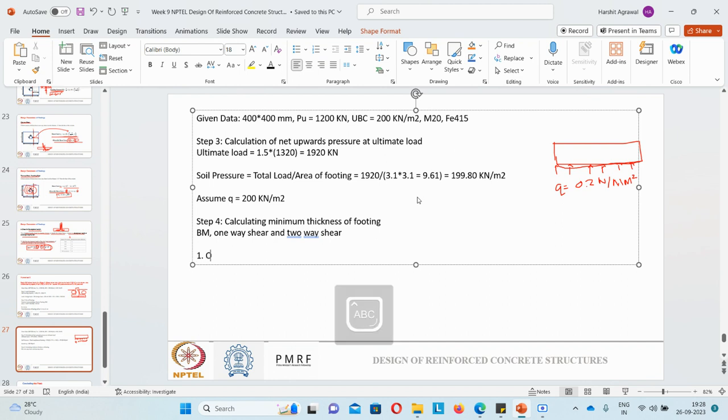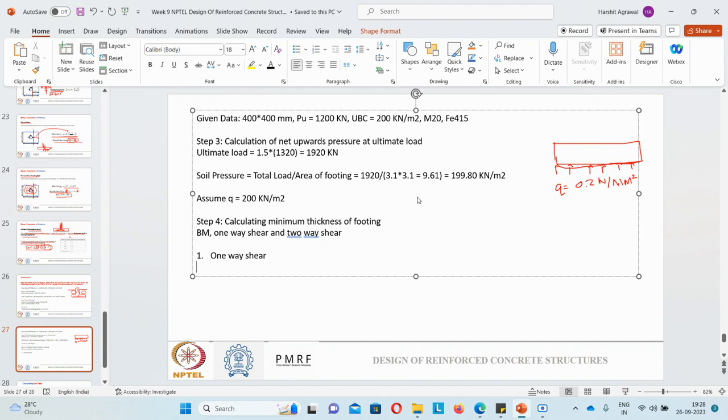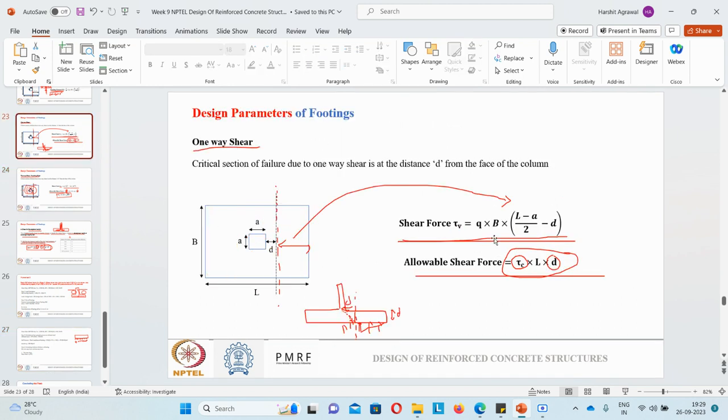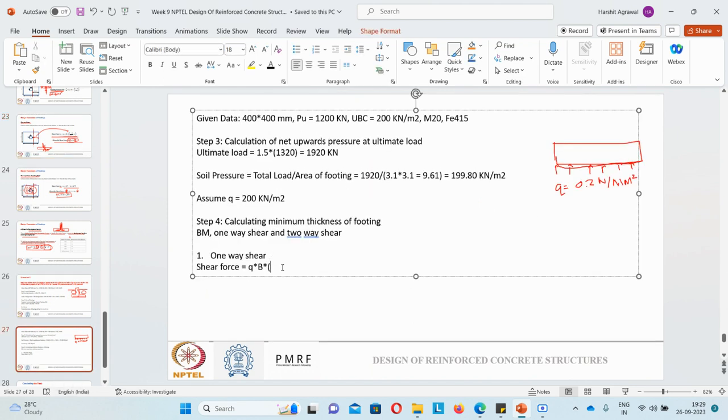So first is one way shear. In one way shear, we saw how we calculate shear force. Shear force is nothing but Q times B times (L minus A by 2 minus D).